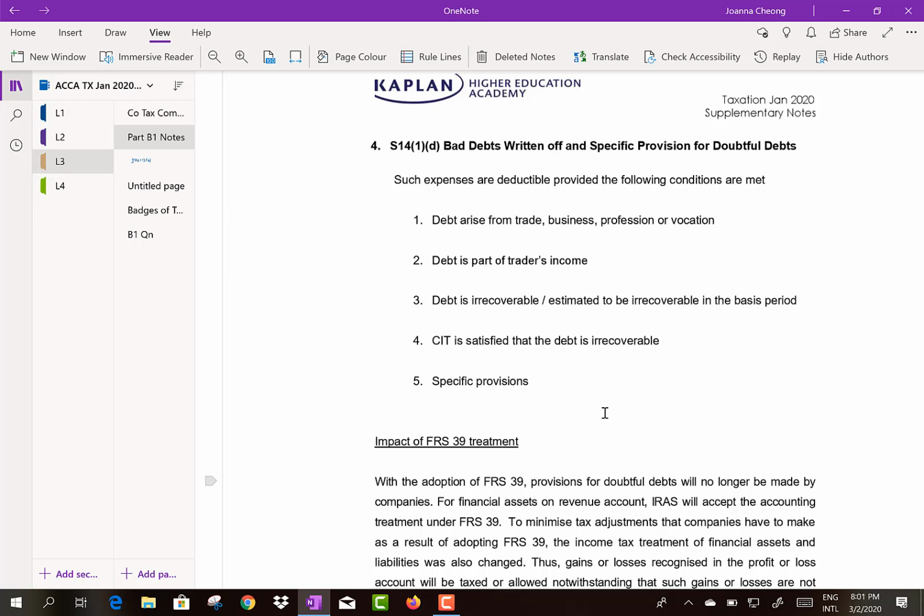Okay, now, so you're a business, you sell to your customer on credit. So does it mean that your customer has paid you already? Not yet. Alright, if your customer pays you, great. What if a customer is bankrupt? Are you able to get back money from them?